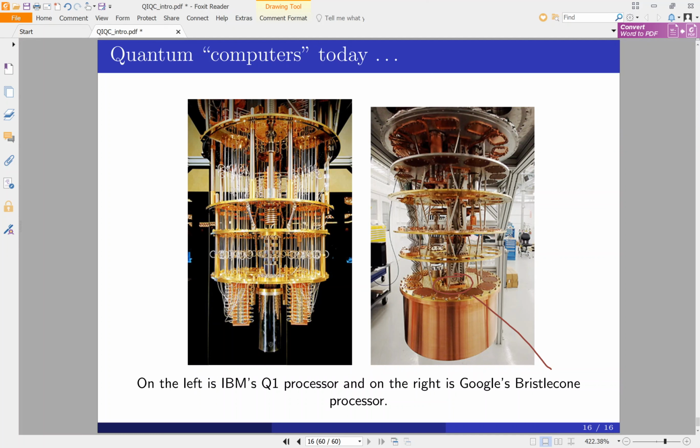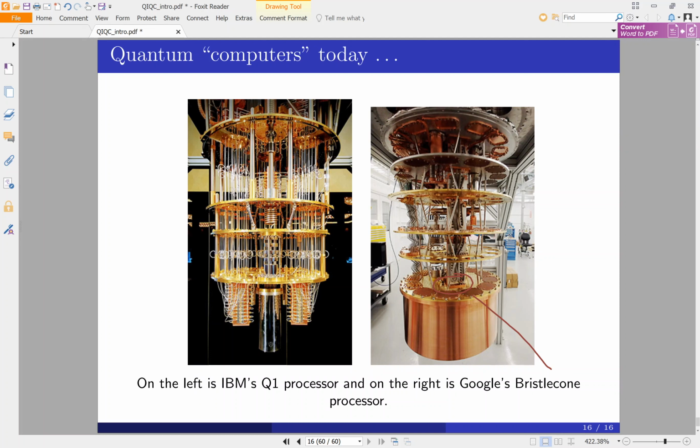Qubits interact with the environment. All that we were talking about is isolated qubits, right? We didn't talk about interacting with the environment. So that causes noise, that causes the qubits to decay. And hence the main challenge is to be able to build quantum gates and circuits which are resilient to noise.